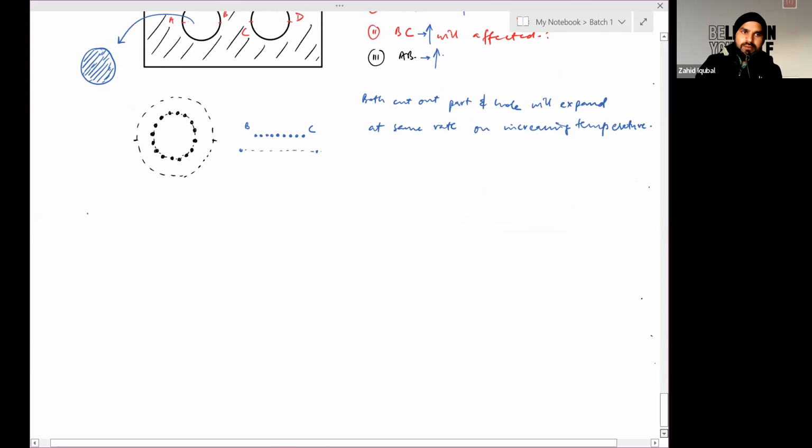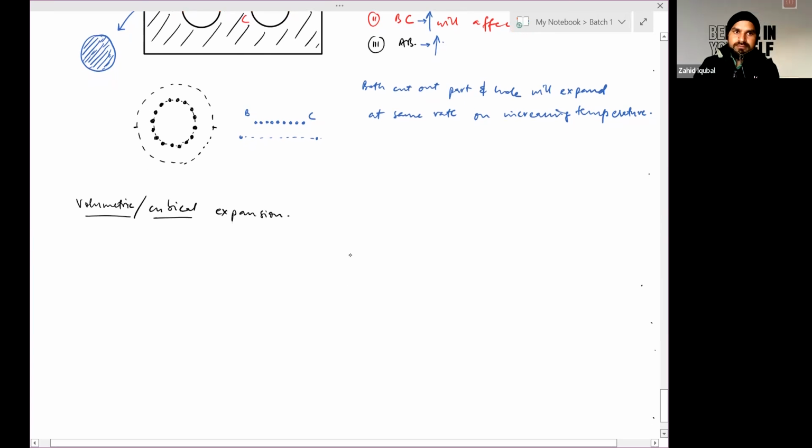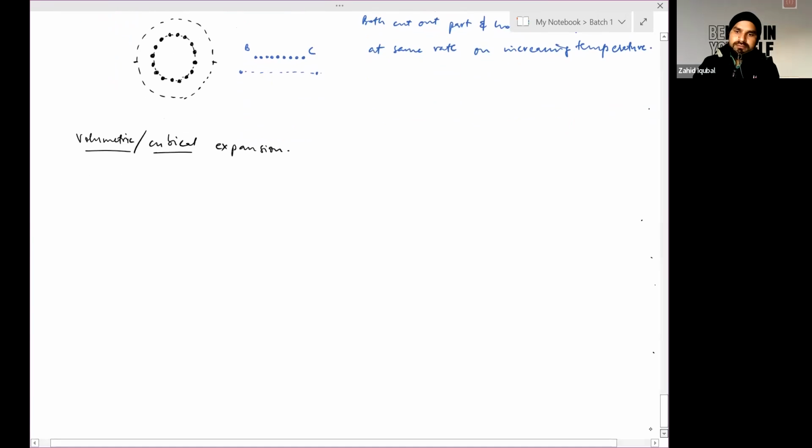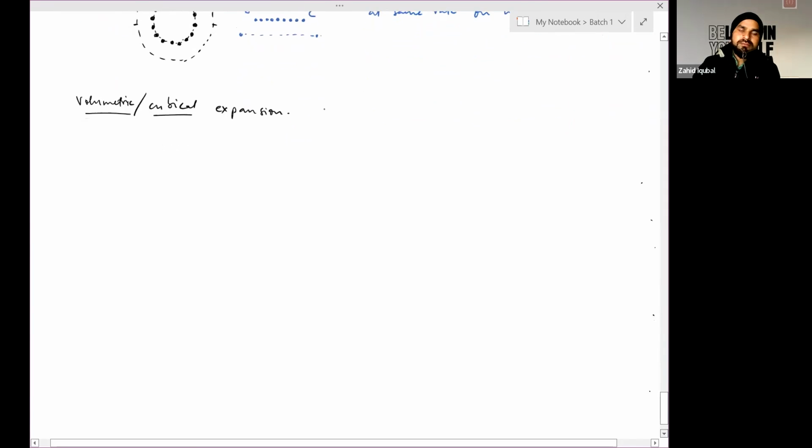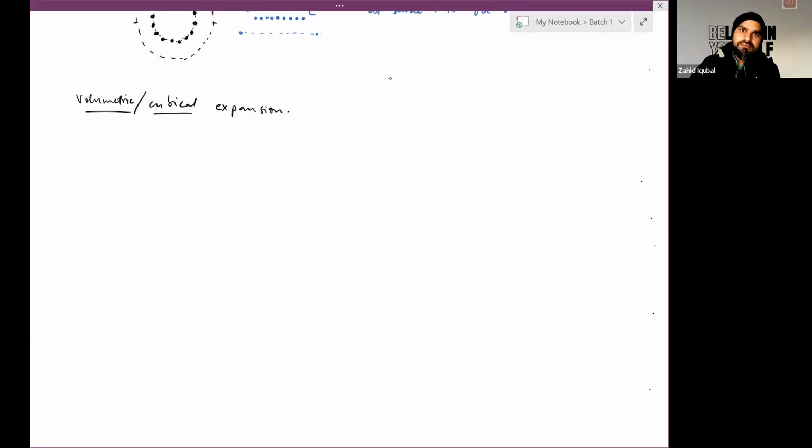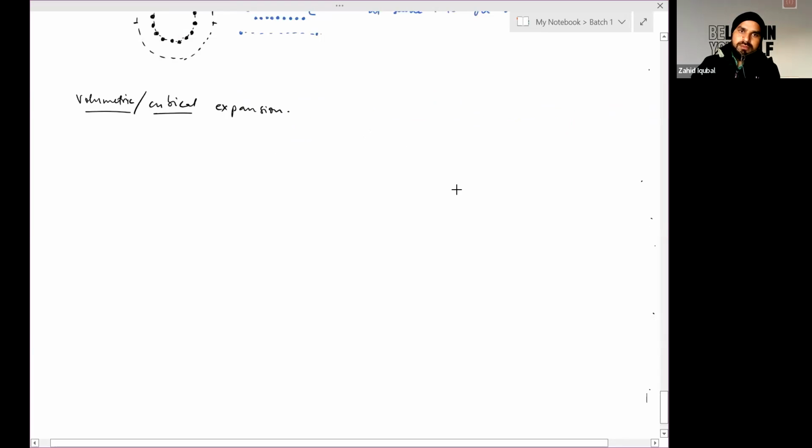Next is volumetric or cubical expansion. Suppose we have a cuboid.